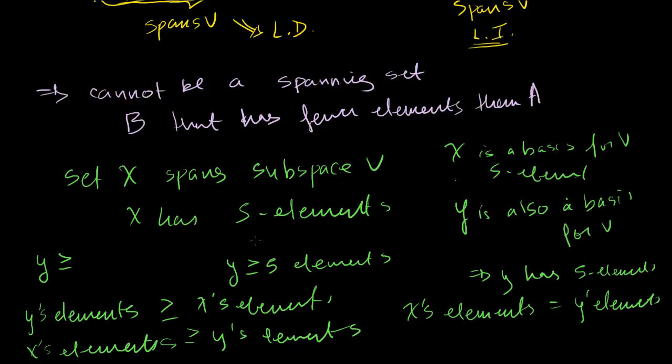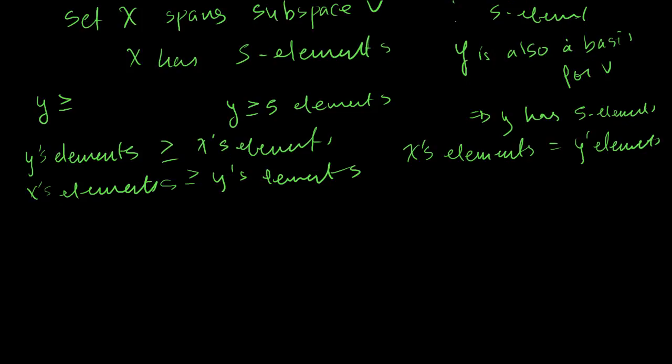And so now we know that any basis for a vector space, let me just go back to our set A. A is equal to A1, A2, all the way to AN. We can now say that any basis for some subspace V, they all have the same number of elements.